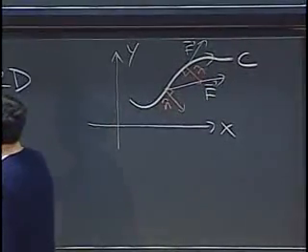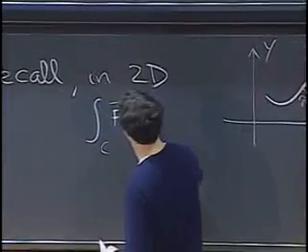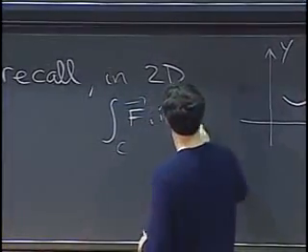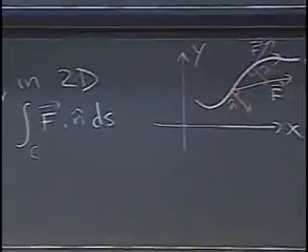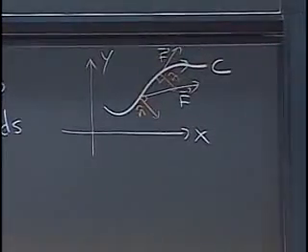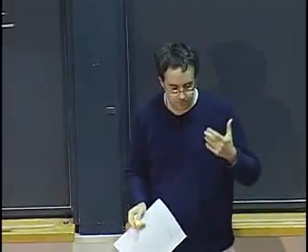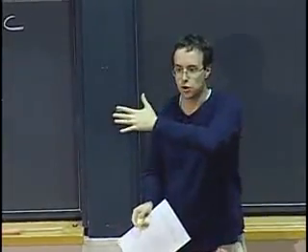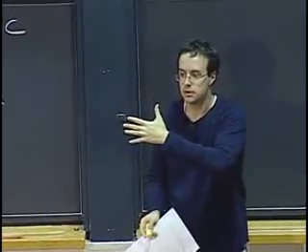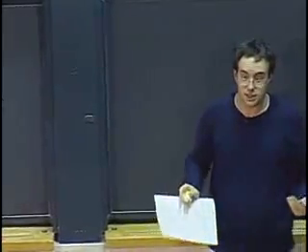So we formed the flux integral that was a line integral F dot n ds, and that measured how much the vector field was going across the curve. So if you were thinking of a velocity field, that would measure how much fluid is passing through the curve in unit time. Okay, now let's say that we're in space.